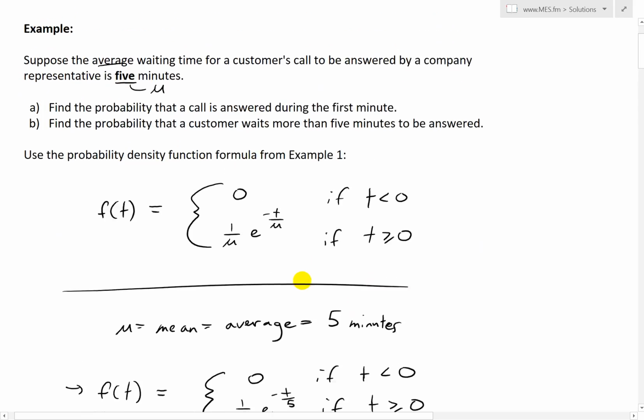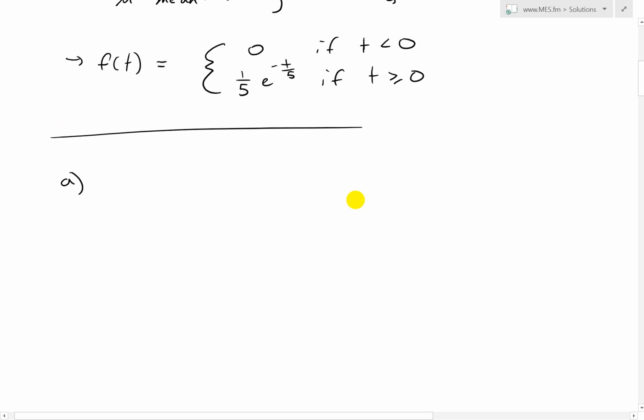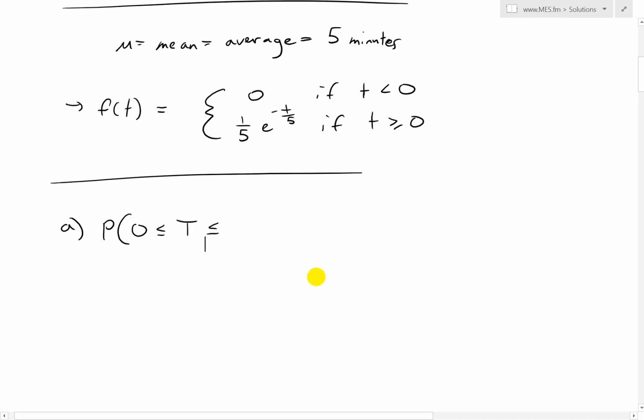Now part A states, find the probability that a call is answered during the first minute. Recall my earlier video: we write the probability that the random variable t, the time that we're waiting, is greater than or equal to 0 and less than or equal to 1 minute.